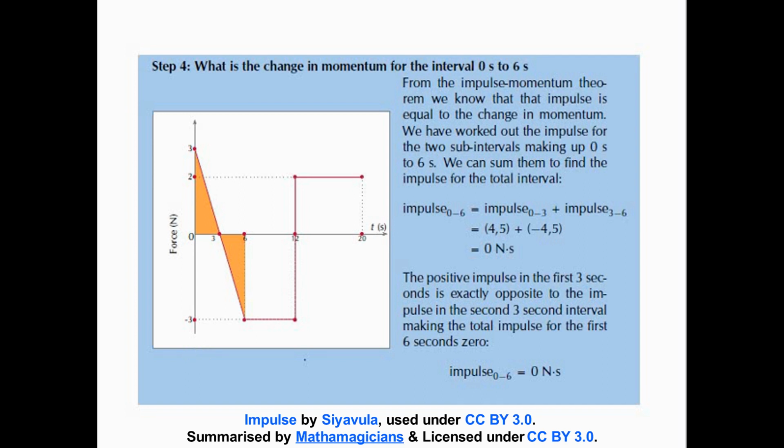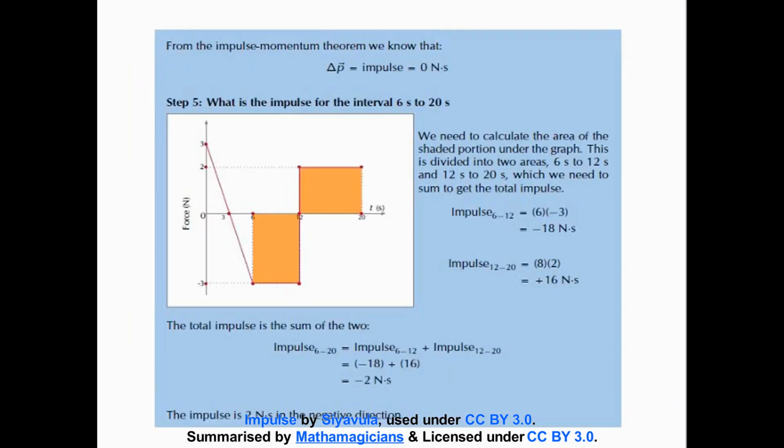All right, quite straightforward. Now that we've looked at that, let's have a look at the impulse for the next interval, which should be from 6 to 12. And then we're going to include also 6 to 20 seconds.